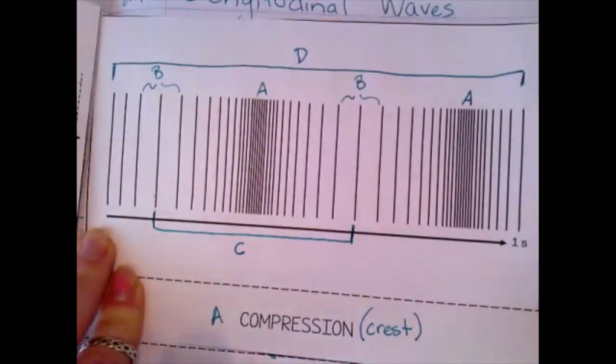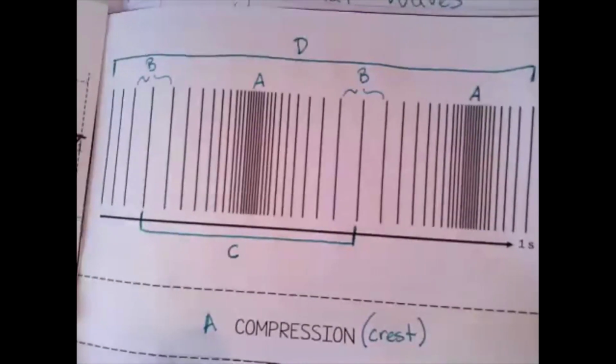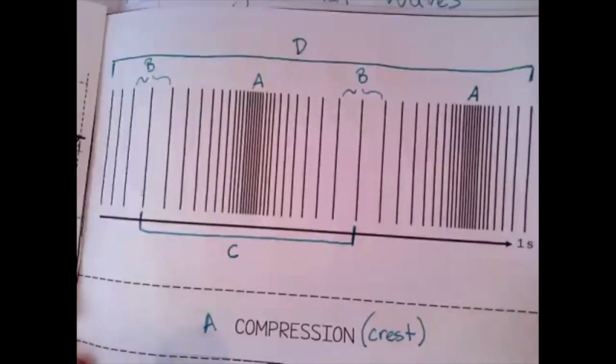So we are looking for complete rarefactions and complete compressions. How many complete rarefactions do I have? And how many complete compressions do I have?